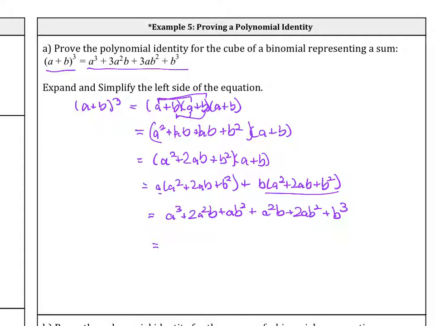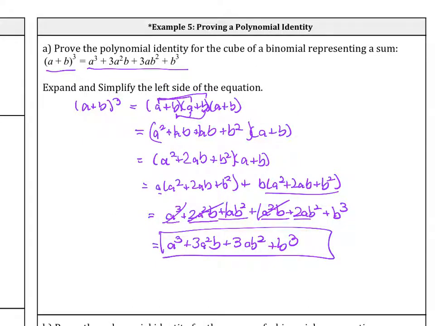So then we simplify all the way. This is a cubed. Then we have 2a squared b. There's another one here, 2a squared b and a squared b. That becomes a 3a squared b. Then plus 2ab squared plus 1ab squared. That's a 3ab squared. And then plus b cubed. And so now we prove that identity, and so that really does work.